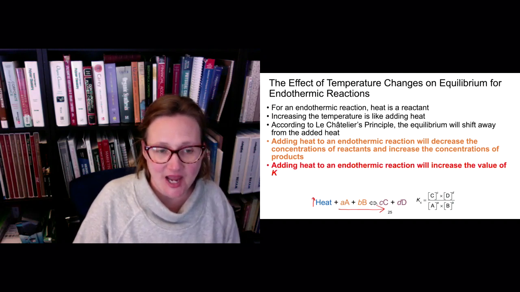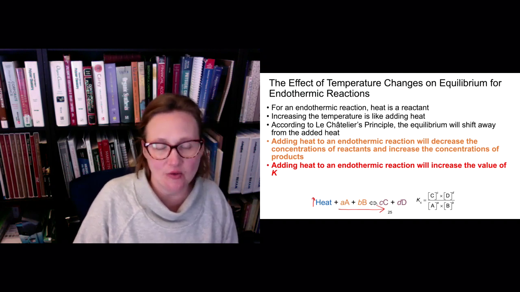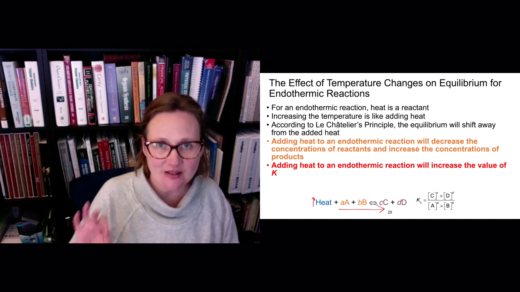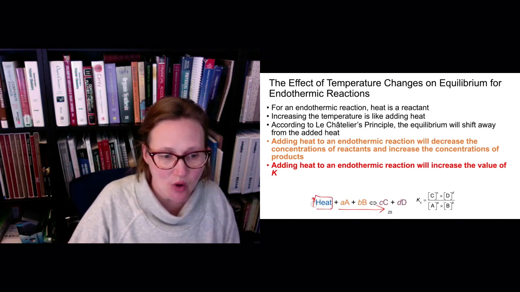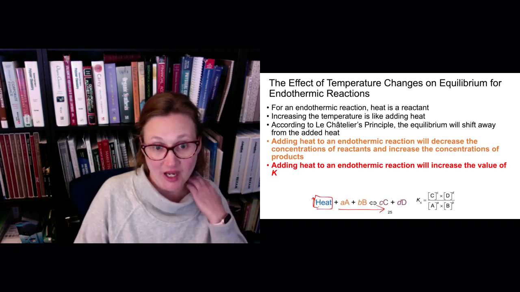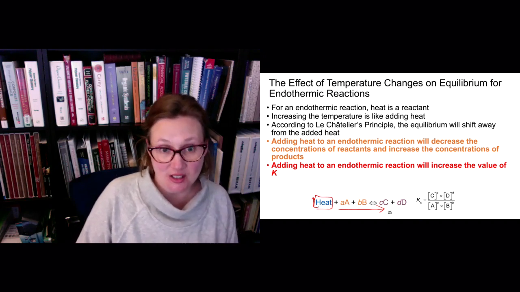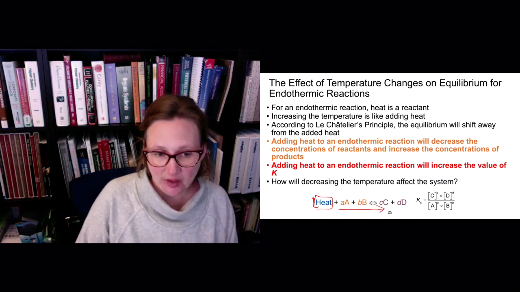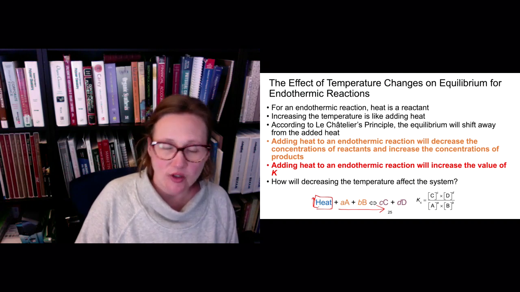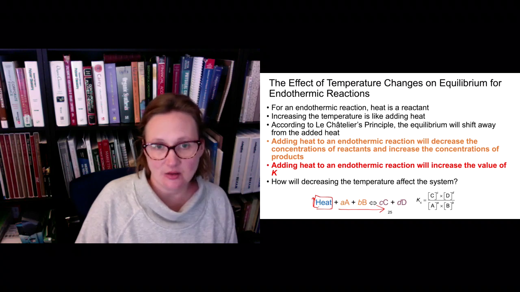By adding heat to an endothermic reaction, you are increasing the value of K. Remember, heat is not part of the K expression, so you are changing the value of K when you add heat or decrease heat. By decreasing the temperature, you will increase reactants, so it's opposite.